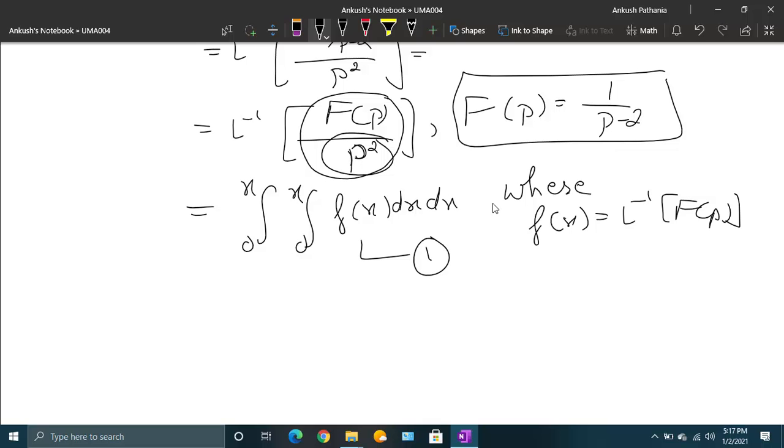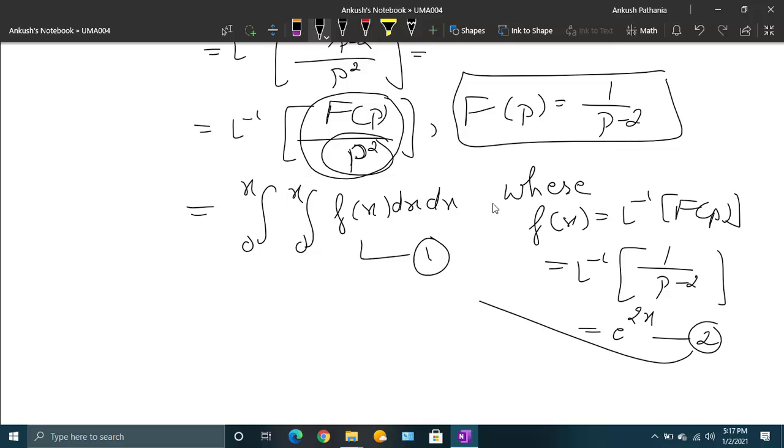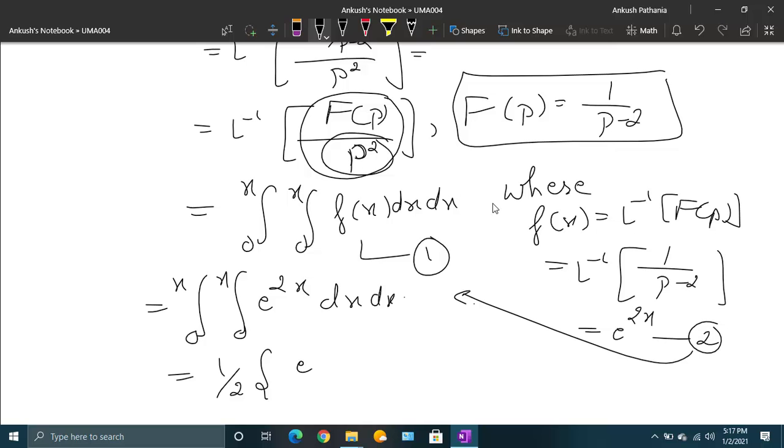In this case F(p) is 1 upon p minus 2, and this gives e raised to power 2x. So you get the integral from 0 to x of e raised to power 2x dx. Solving this integral twice, you will get e to the 2x by 4 minus x by 2 minus 1 by 4. You can solve this calculation and verify these results.